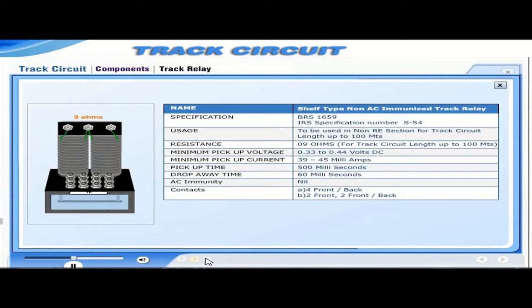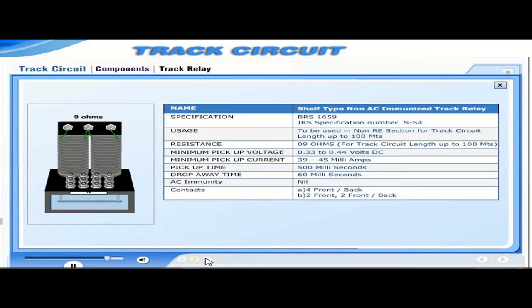Minimum pickup voltage is 0.33 to 0.44 volts DC. Minimum pickup current is 39 to 45 milliamperes. Pickup time is 500 milliseconds and drop away time is 60 milliseconds. AC immunity, nil.